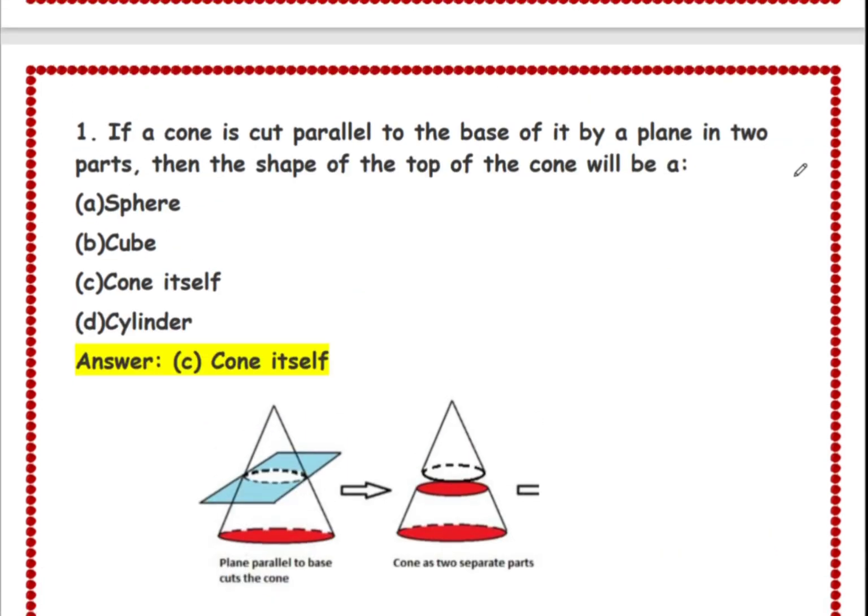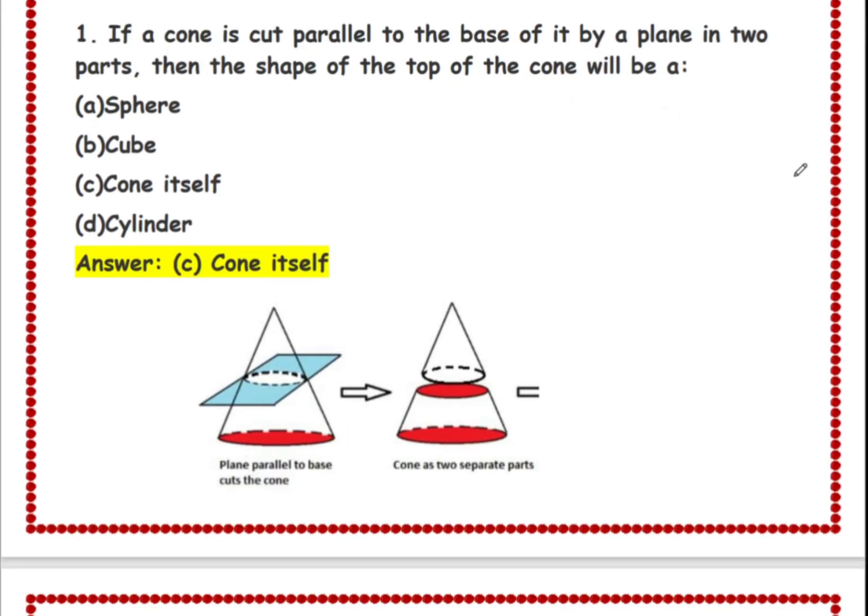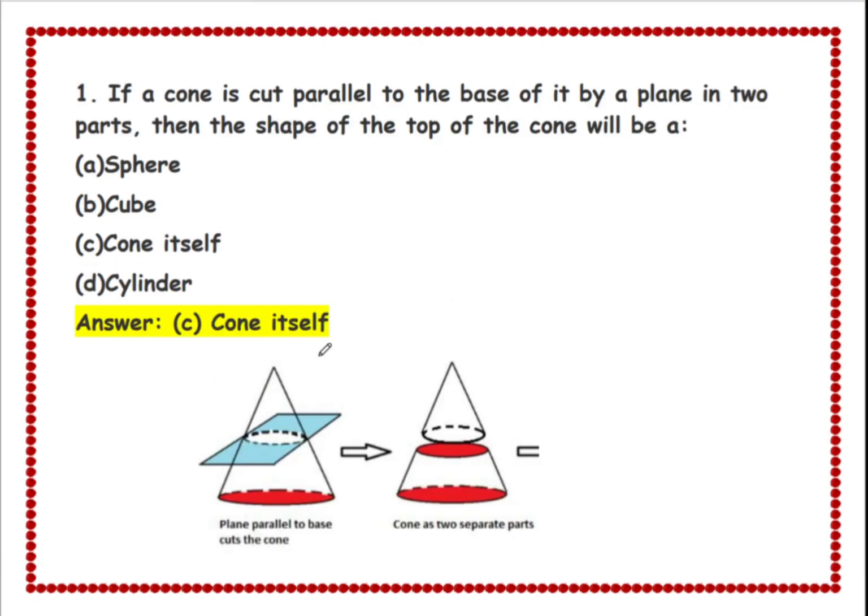First question, if a cone is cut parallel to the base of it by a plane in two parts, then the shape of the top of the cone will be. Students, observe the figure. If we cut a cone parallel to the base by a plane, the upper part is called cone.